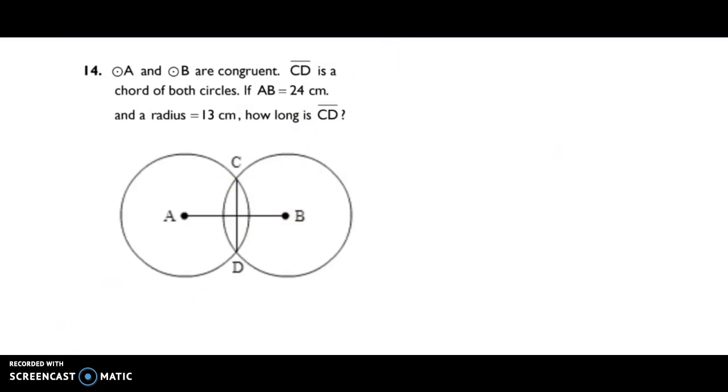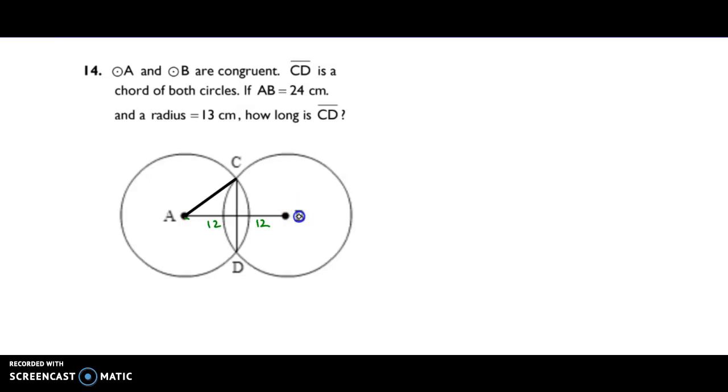The first thing I'm going to do is note that AB is 24. And so from here to here, that's 12 and 12. Now, when you have a circle, you can always draw in a radius anywhere.